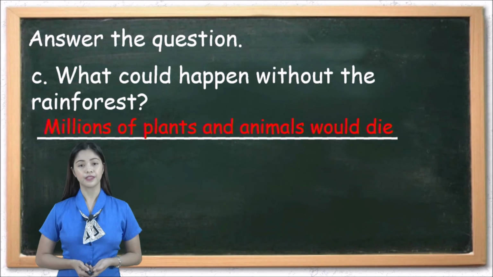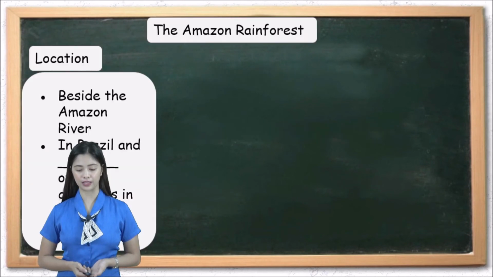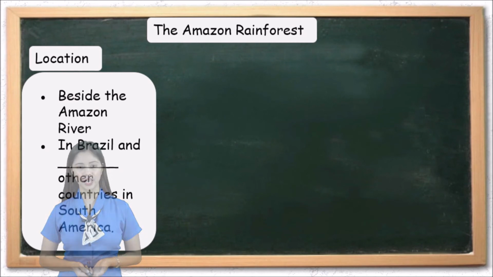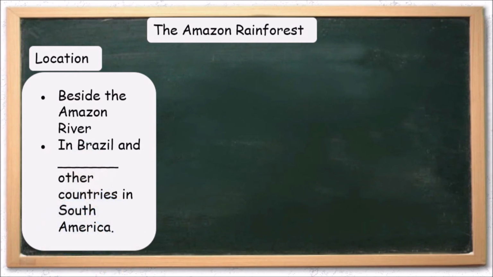Okay? So kids, now let's proceed to complete the outline. Let's talk about the first one, which is the location. In location, kids, we can find the rainforest beside the Amazon River. And the Amazon River flows in Brazil and 7 more countries in South America.